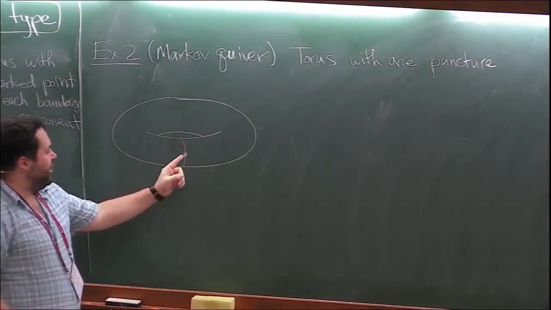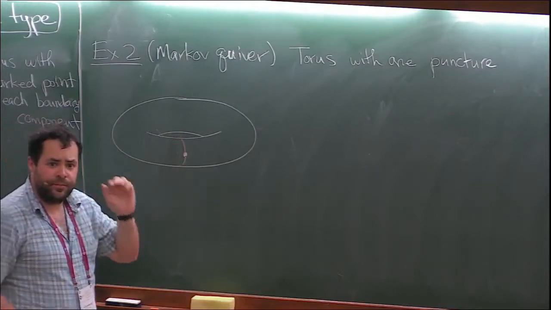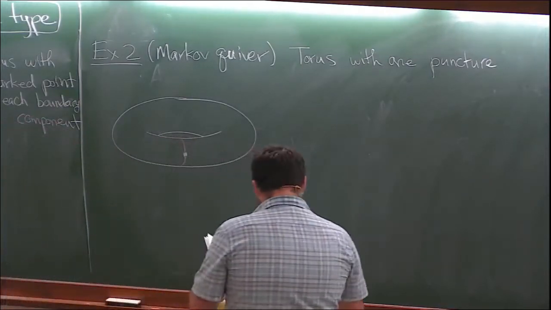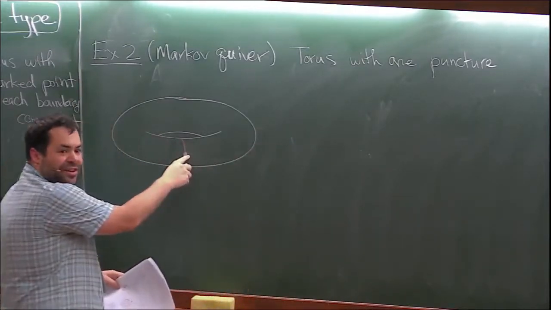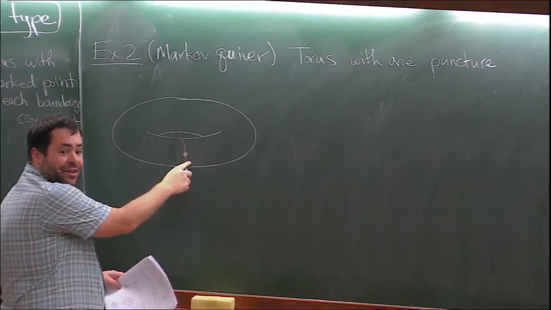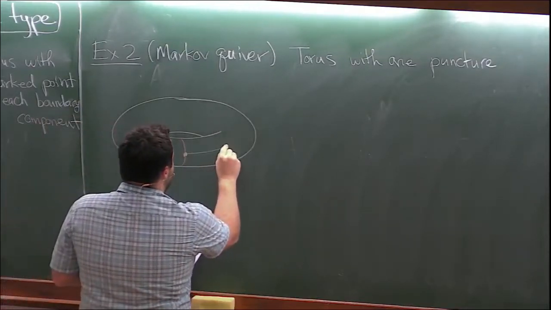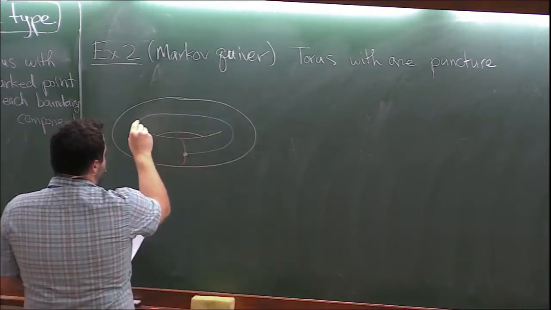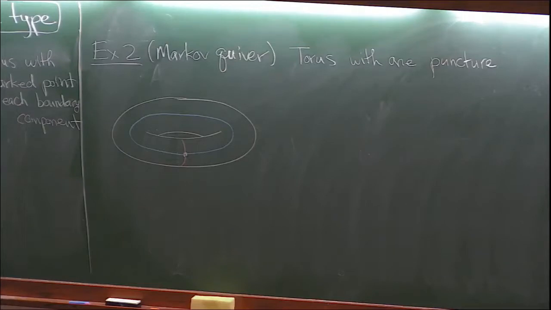So it goes around the back of the thing and comes back. Here's another arc. I have to start and end my arcs here at this puncture. Remember, they can't start and end anywhere. They have to start and end at a mark point.